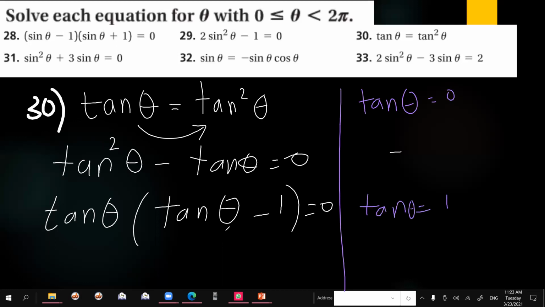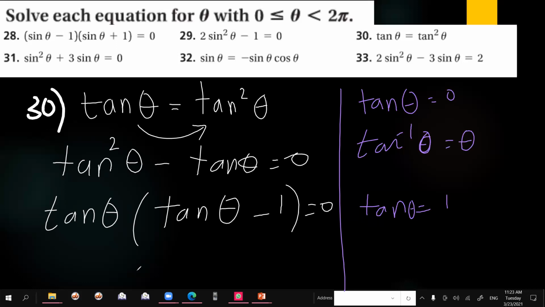So tan of theta could be 0, and tan of theta could be 1. Now, as I told you, if I'm asking you about angles, where tan of theta is 0, you have to find the inverse. Tan inverse of 0 is theta.